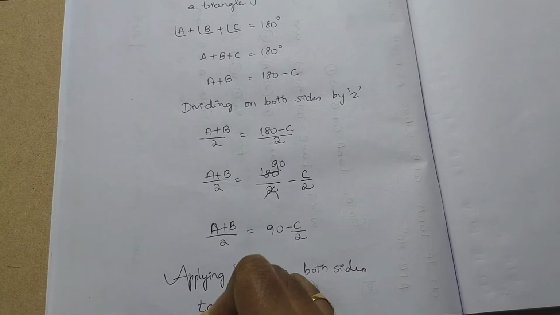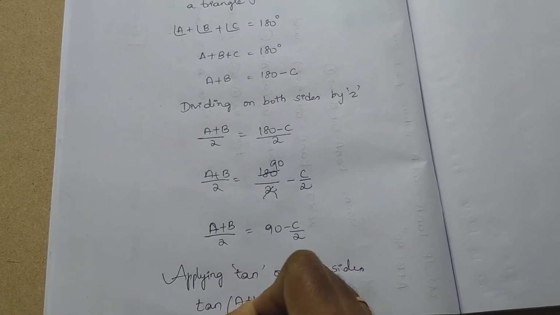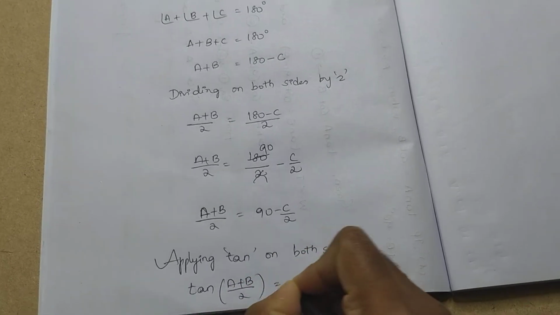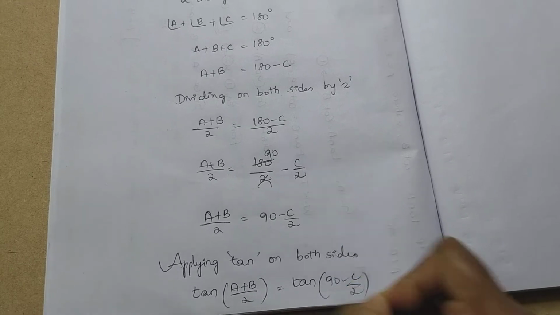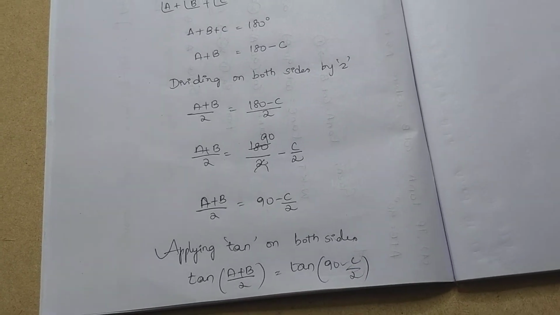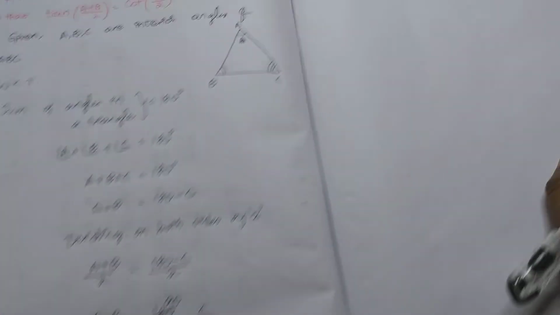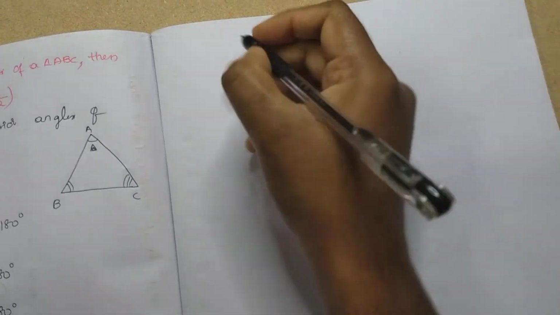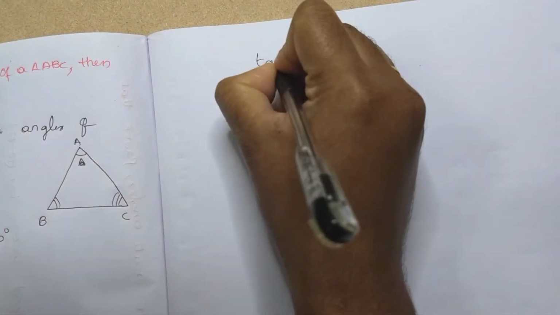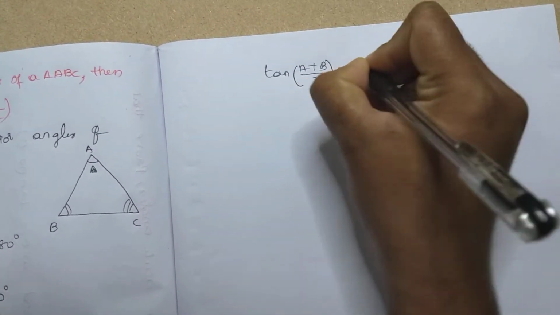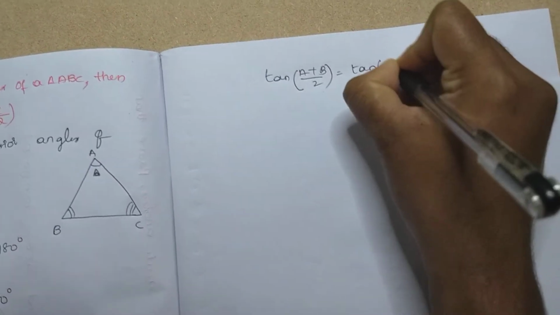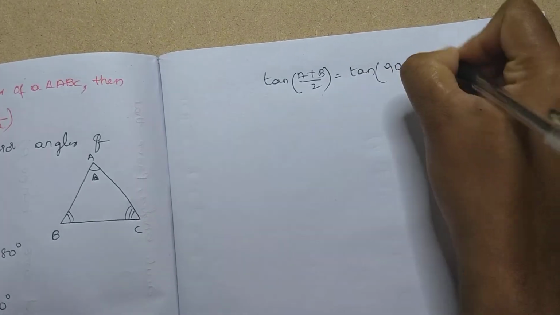Tan of (A plus B) by 2 equals tan of (90 minus C by 2). Till now it is clear, right? Let's continue the same thing here. Tan of (A plus B) by 2 equals tan of (90 minus C by 2).